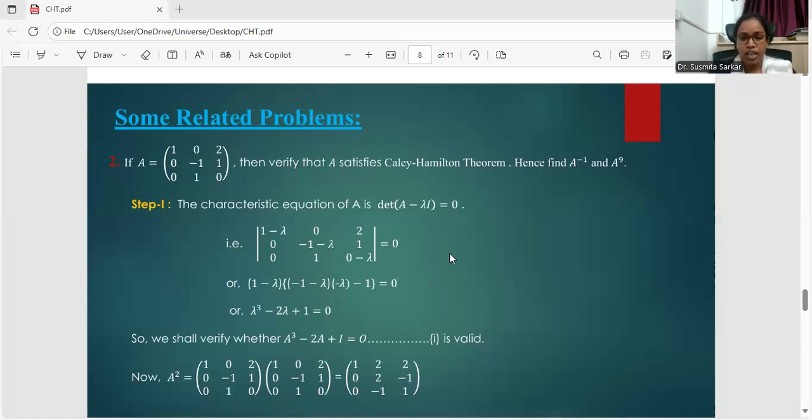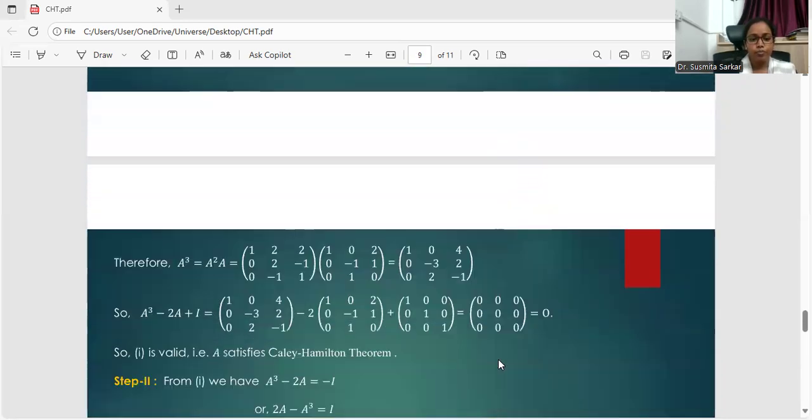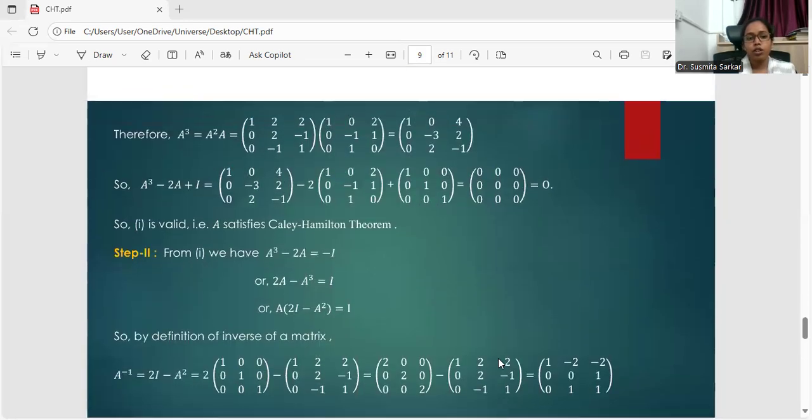To verify this, first find A³, A² and I₃. Now A² is A into A, which is equal to 1, 2, 2, 0, 2, −1, 0, −1, 1. Now A³ is equal to A² into A, and after calculation we get the 3 by 3 matrix 1, 0, 4, 0, −3, 2, 0, 2, −1.